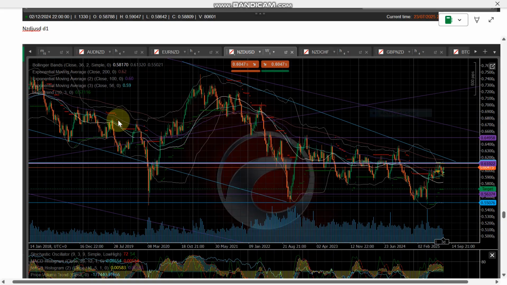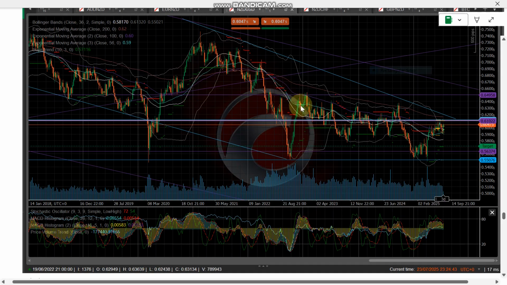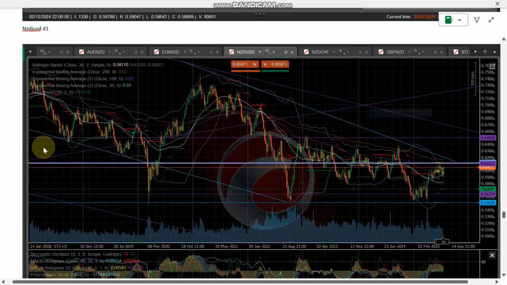New Zealand USD, this one prices go down, weekly is trending down. The stop loss hunt this guy to release, not get this, but at least they get something, but they cannot get furthermore.